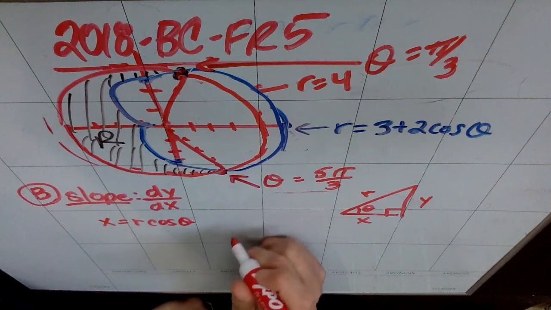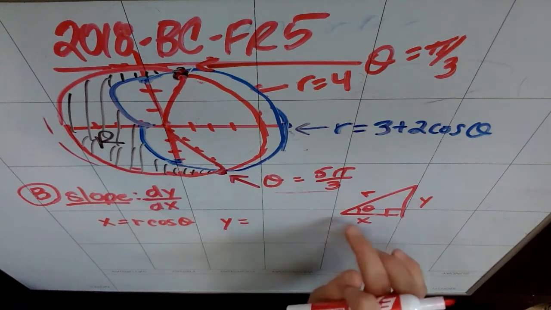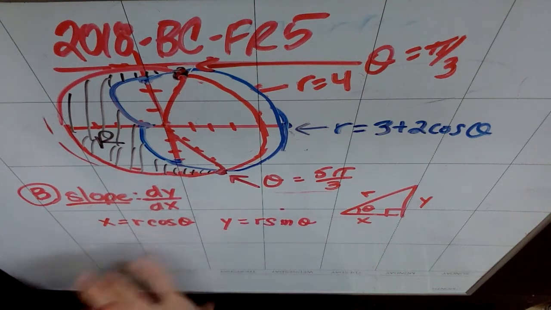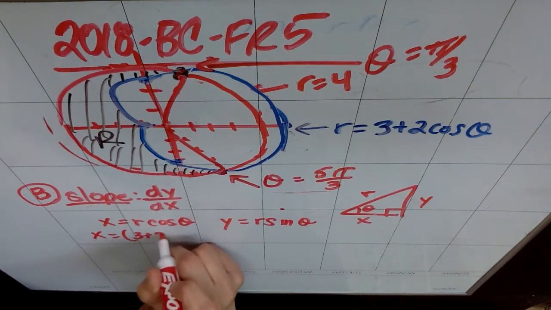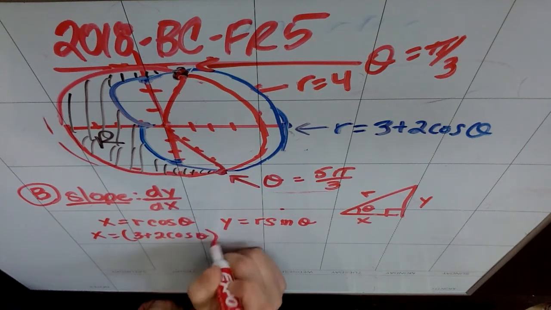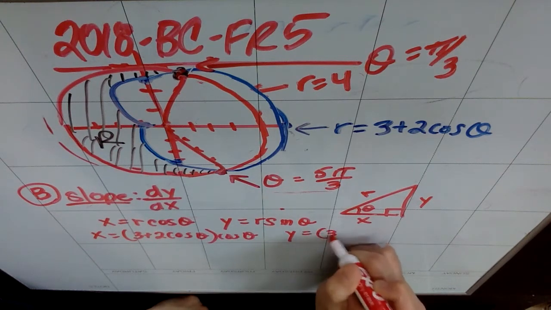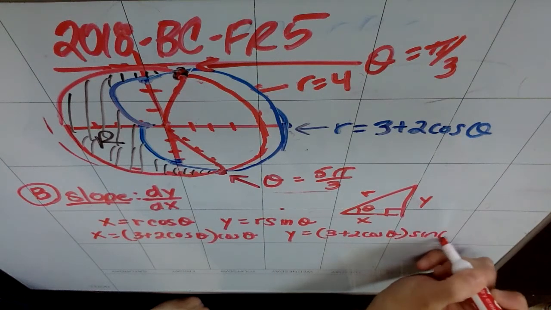And sine of theta would be y on top of r, so y is r sine theta, right? So I get that x is r, which is this ugly monstrosity, 3 plus 2 cosine theta, times cosine theta. And y is 3 plus 2 cosine theta times sine theta, right?